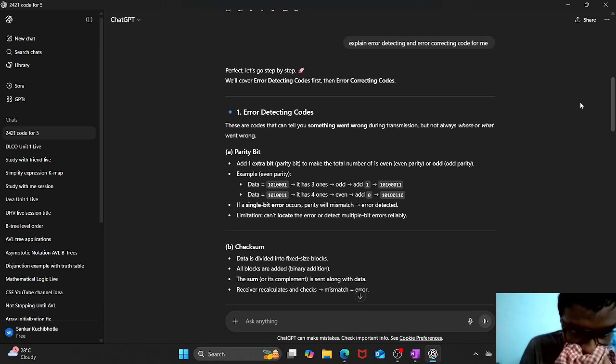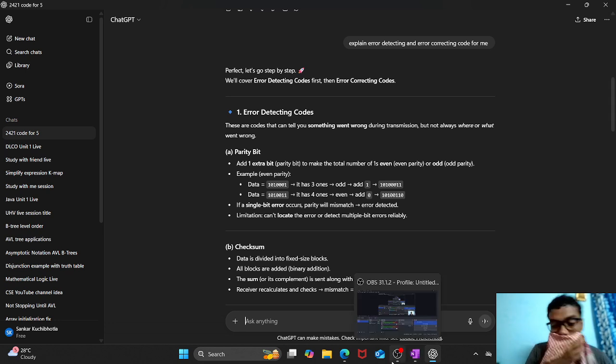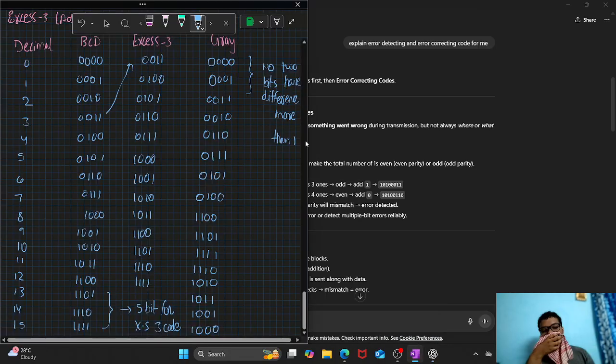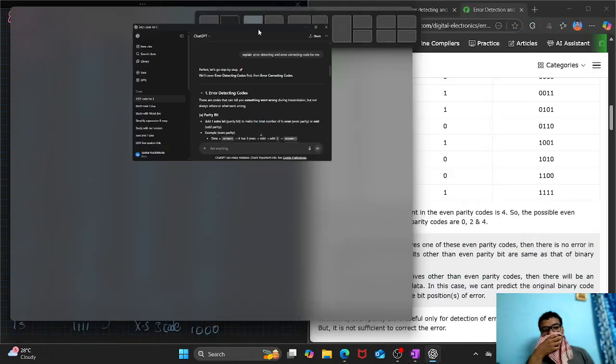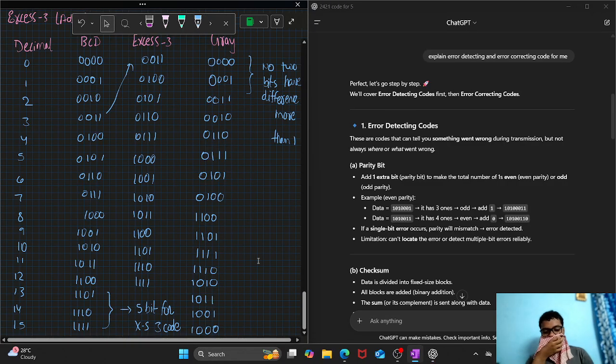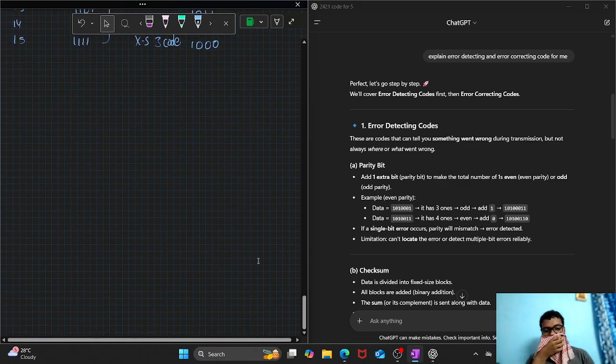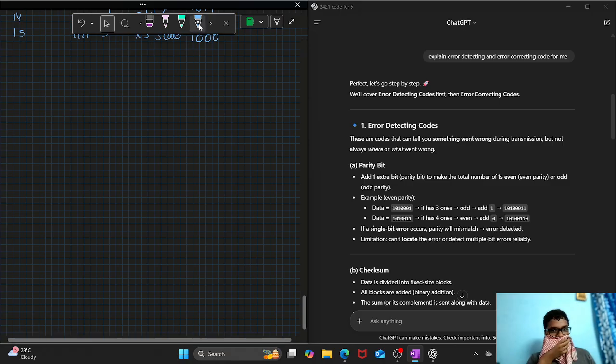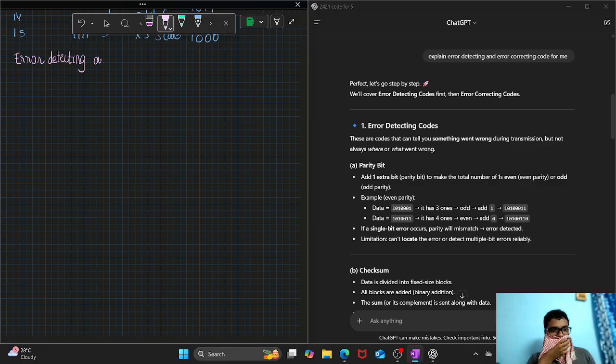Yeah, they're error detecting and error correcting codes, and it's still our parity bit.